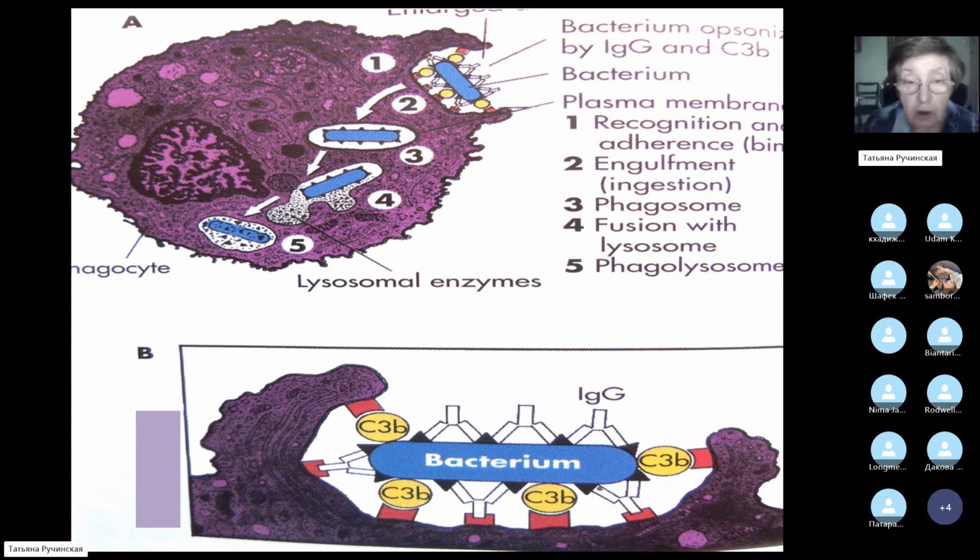As for the phagosome, its membrane is from the plasma membrane of neutrophils. And that is why some receptors which are normally outside the cell appear inside the phagosome.